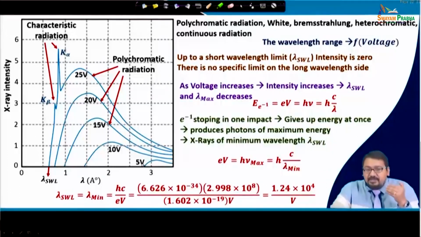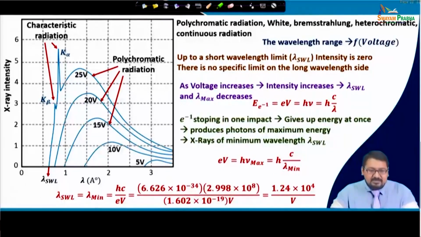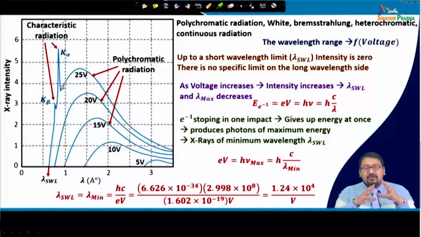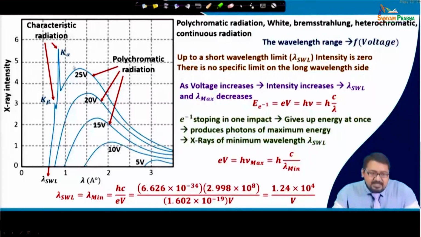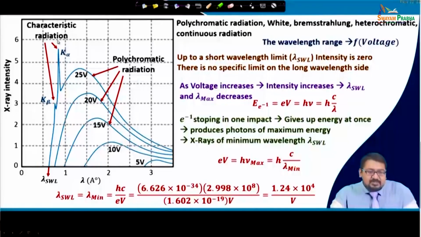Now you see that when the voltage is increased to 25 kilovolts from 20 kilovolts, for example in this case, suddenly there are some peaks that form in this kind of continuous radiation curve, and these peaks are, for example in this case, shown to be the K alpha peak and the K beta peak, and they have a specific lambda.